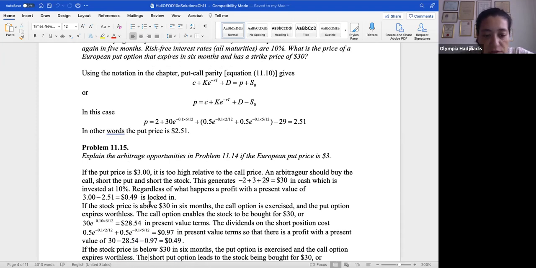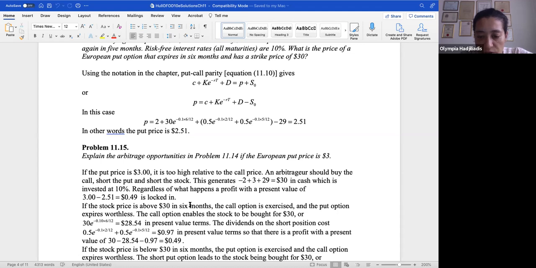If the stock price is above $30 in 6 months, the call option is exercised and the put option expires worthless. The call option enables the stock to be bought for $30, or 30 e to the minus 0.10 times 6/12, which is $28.54 in present value terms.